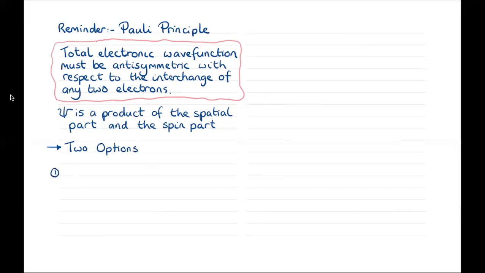We can have the spin part be symmetric, in which case, in order to have the total wave function be antisymmetric, we have an antisymmetric spatial part.